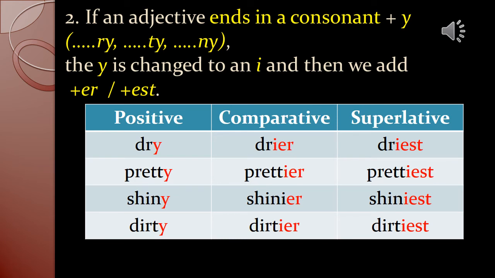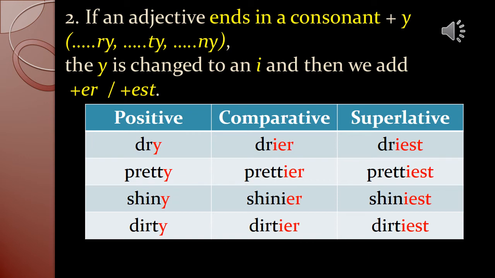Number 2, if an adjective ends in a consonant plus Y, so for example, RY, TY, or NY, if we see that at the end of the word, for examples dry, pretty, shiny, and dirty, the last 2 letters are consonant plus the letter Y. If this happens, we must change the letter Y to the letter I, and then we still add ER or EST just like we are practicing.